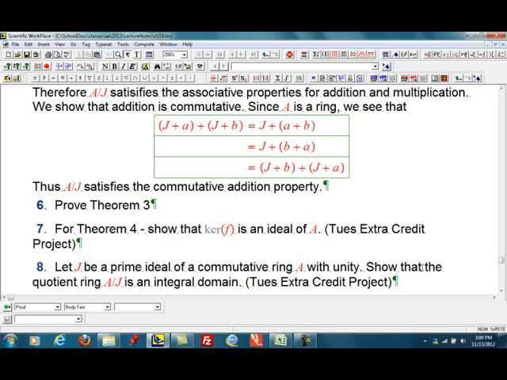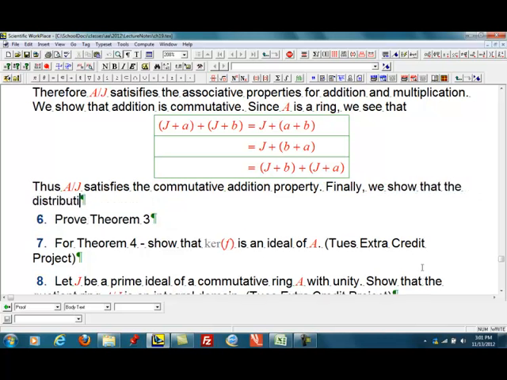We did the additive identity and the additive inverses, so we have just the distributive property left to show. Again, I suspect we're going to need to use the fact that A is a ring.